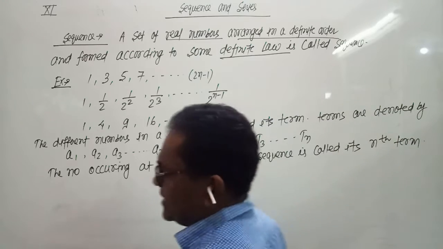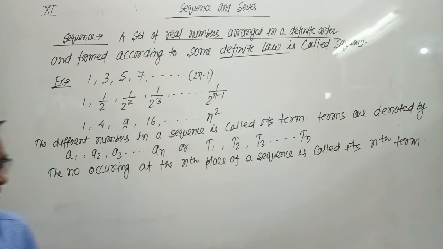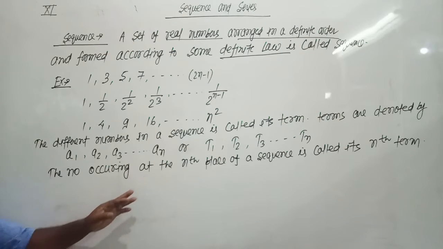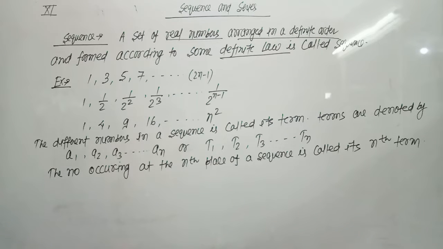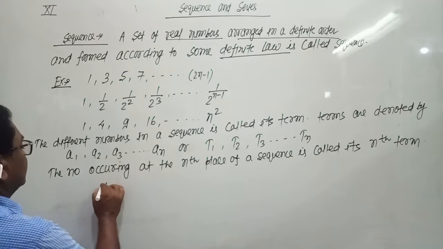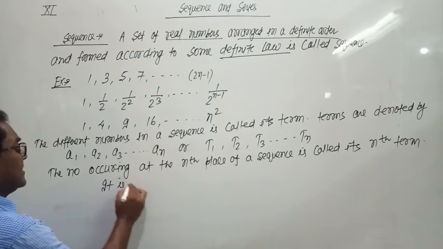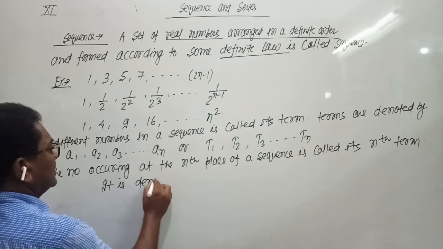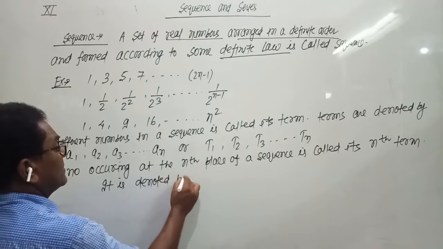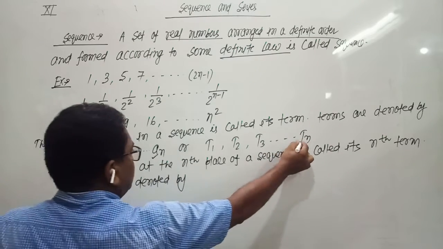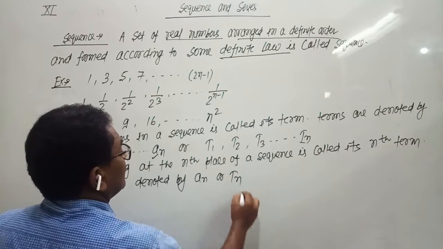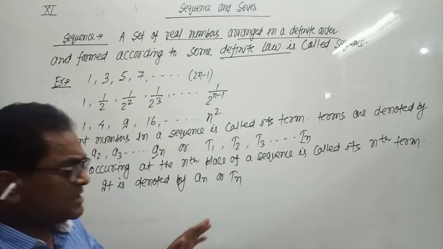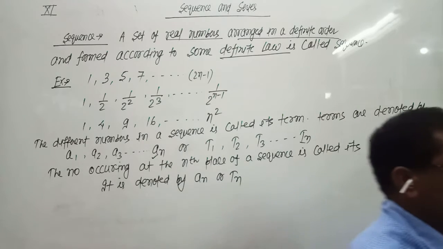Nth place means last place. The nth term is denoted by An or Tn. So this is the basic concept about sequences.